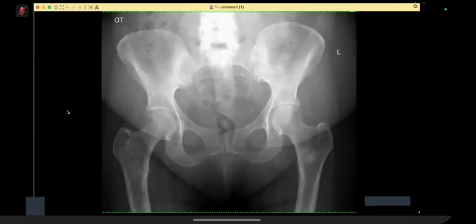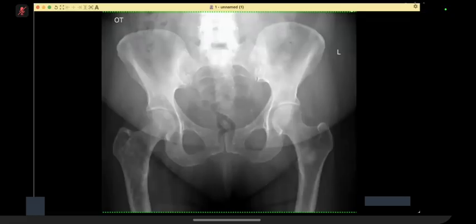This osteolytic lesion is seen medullary in position. It's involving the shaft and the greater trochanter. The lesion is scalloping the cortex, and I think it's eroding the cortex.